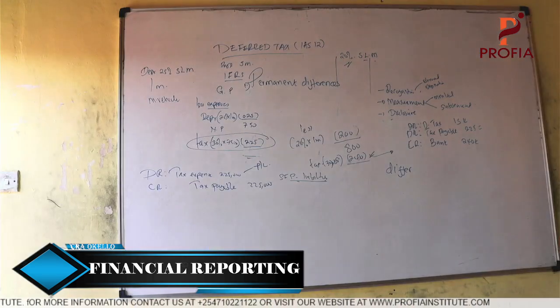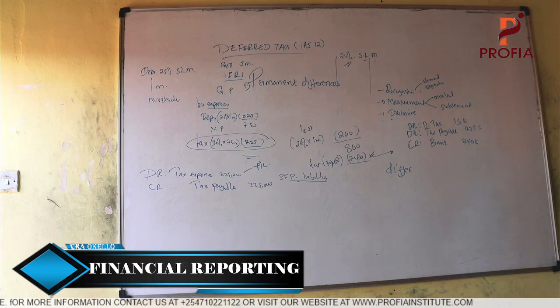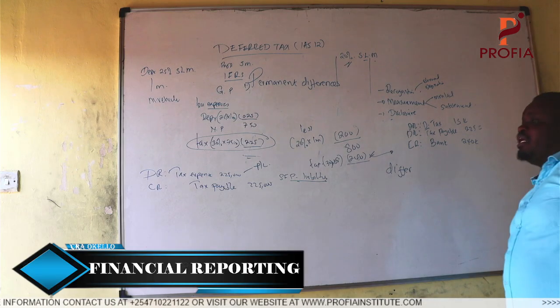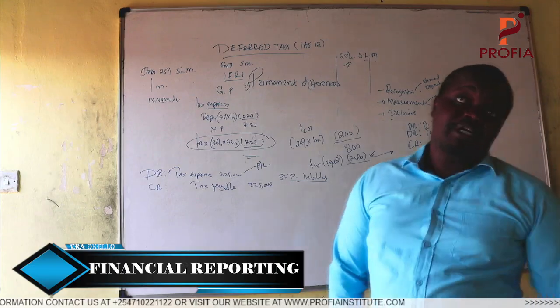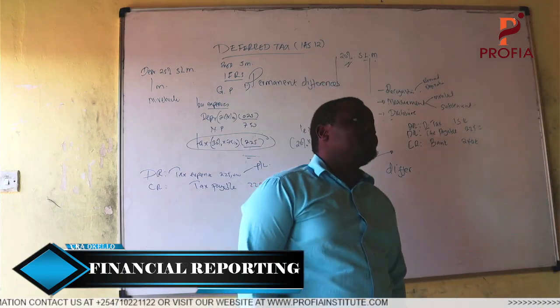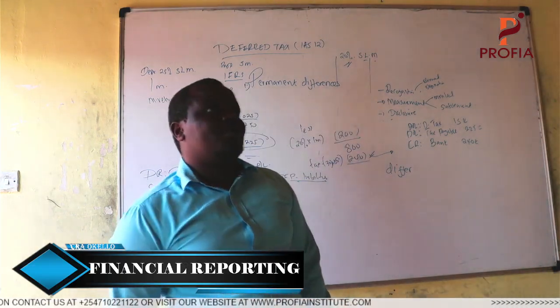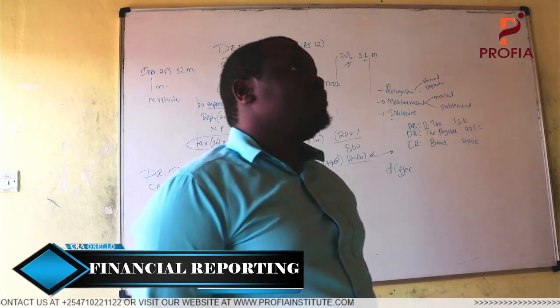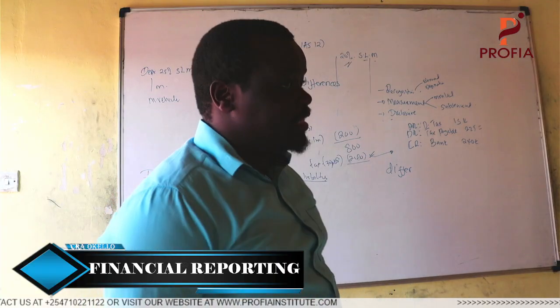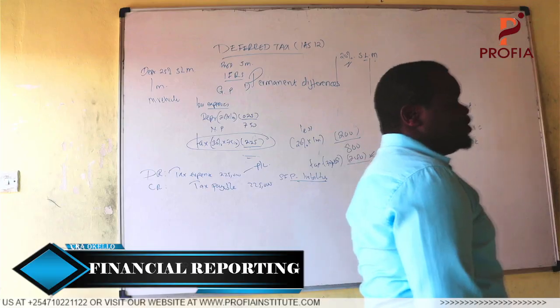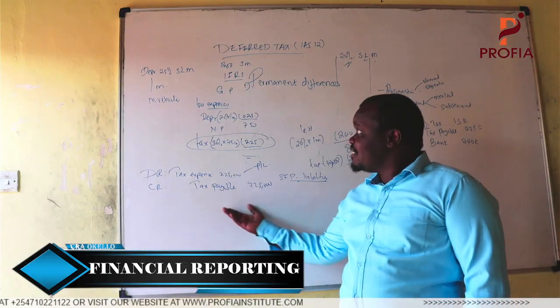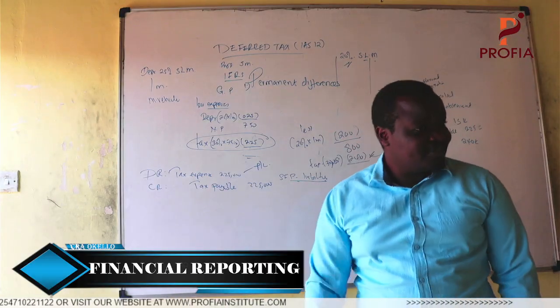That you find on one side but not on the other side of the profit and loss. I always say that next year when we have a revision of the CPA syllabus, I suggest: why should we teach deferred tax before teaching taxation?